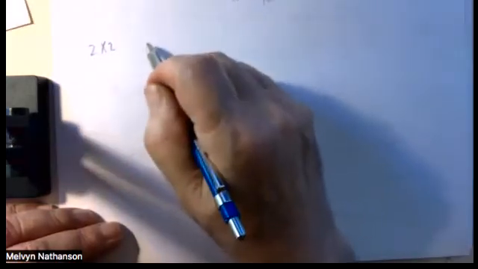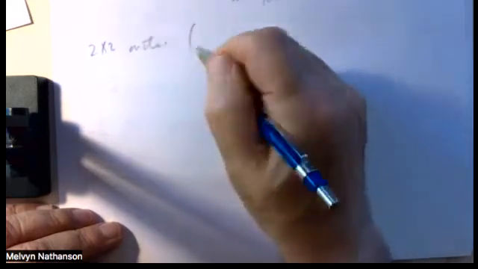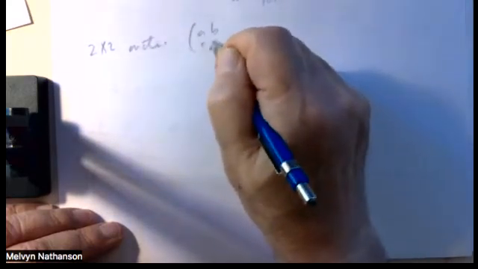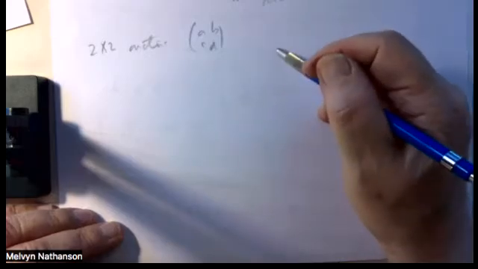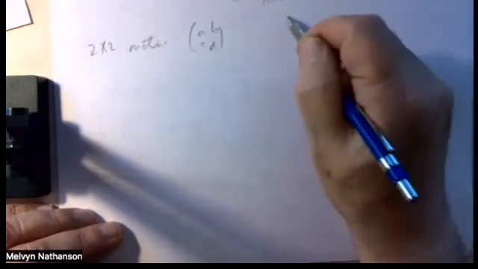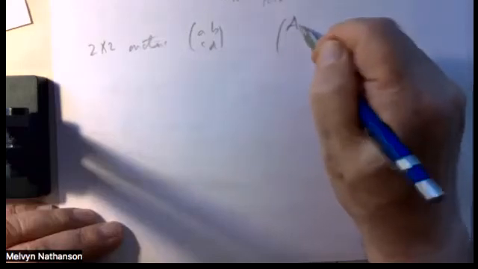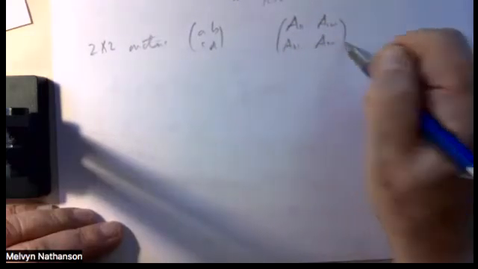So for example, a 2 by 2 matrix looks like, well, you often write it A, B, C, D, if there's only four coordinates, or I would write it as A11, A12, A21, A22.